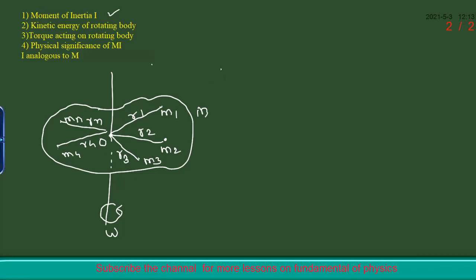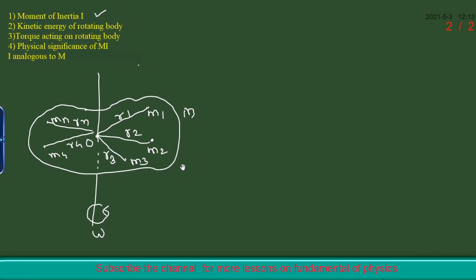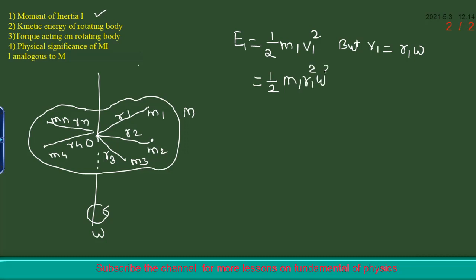Now to find the kinetic energy of this body, we will find the kinetic energy of each individual particle and add up all these energies to find the total kinetic energy. The kinetic energy of the first particle having mass m1 is E1, given by E1 equal to 1 half m1 into v1 square. But v1 equals r1 into omega. Hence we can write E1 equal to 1 half m1 into r1 square omega square.